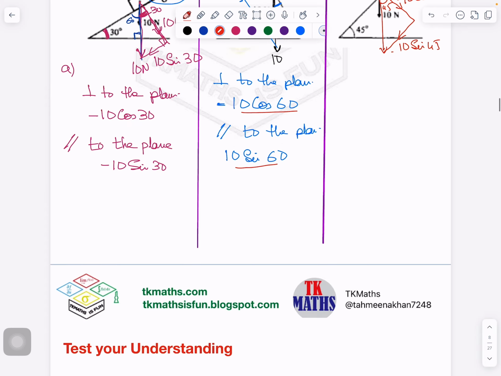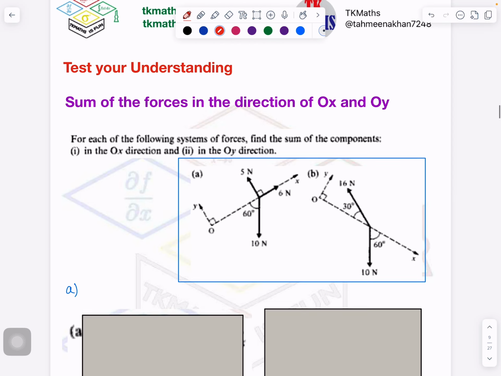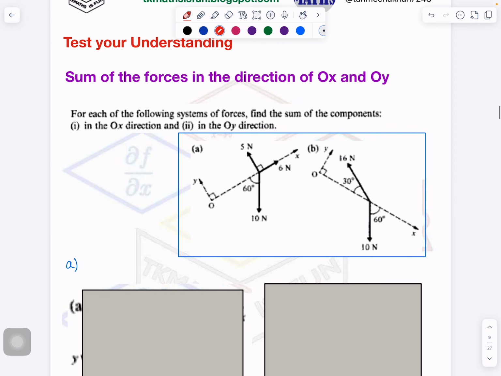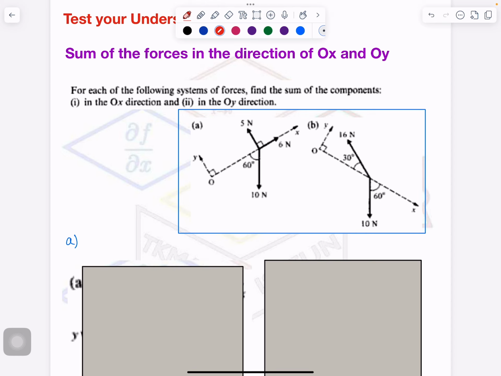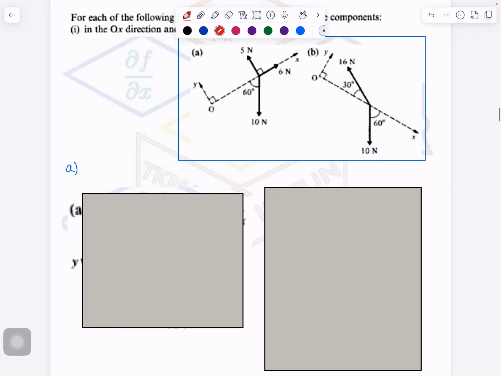Okay. Now, this is the time to test your understanding and add them up. A little challenge for you. I have solved the questions here, but I want you to try it out and I will show you the solution. You just have to find the sum, no resultant you have to find out here. So first I am showing the answer of part A. You can put the video on pause, solve it yourself first and then check the answer.